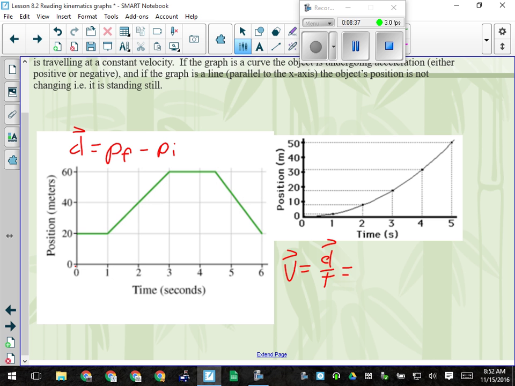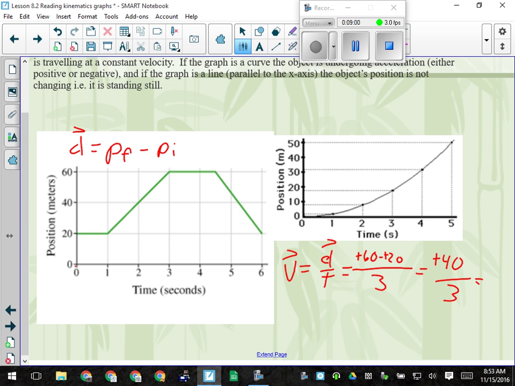You guys just told me that the displacement between 0 and 3 seconds was positive 40 meters, and you did that by going 60 minus 20, final position minus initial position. So we'll write the whole thing that we did here. We would go positive 60 minus positive 20, over 3 seconds. So that's positive 40 over 3.